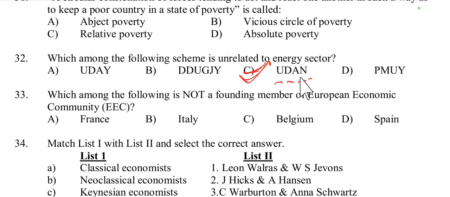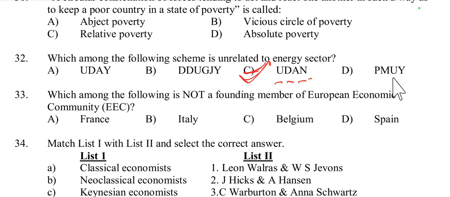The other schemes are related with energy in various ways. UDAY means Ujjwal Discom Assurance Yojana. Then DDUGJY: Deen Dayal Upadhyay Gram Jyoti Yojana, which focuses on power distribution and rural electrification.